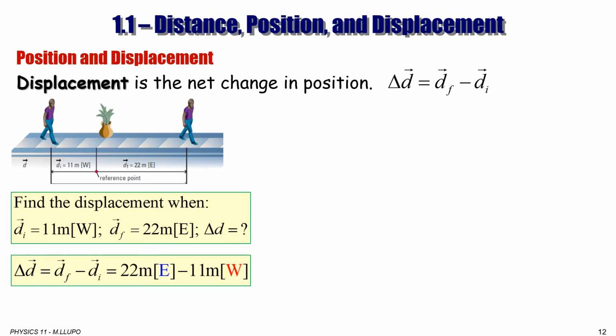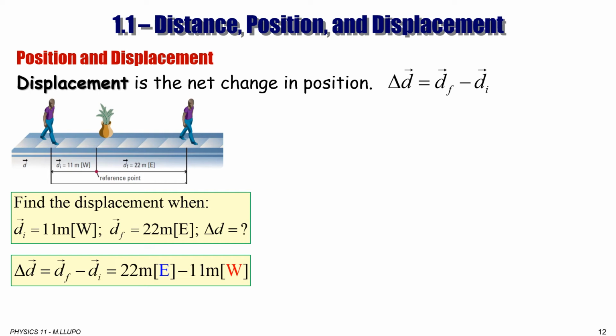In order to switch the direction, at the same time we flip the sign in front of the magnitude. So 22 meters east, in order to make it 22 meters west, we can switch it to minus 22 meters west. And 11 meters west, if you want to flip it to make it 11 meters east, we can switch from minus 11 to plus 11 east.